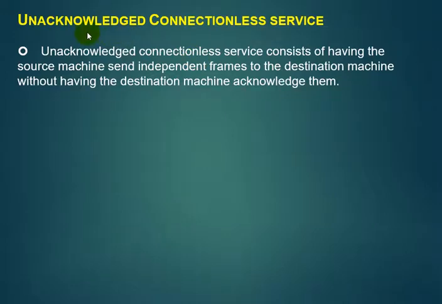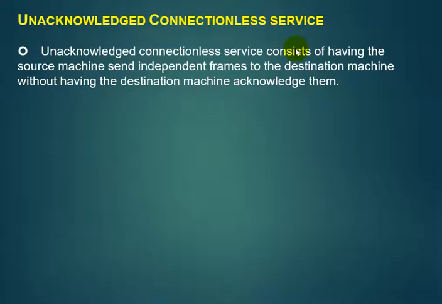If the sender sends the message and the receiver receives it, the receiver does not send any acknowledgement. There is no connection between them, as in wireless communication. So that is one of the services provided to the network layer.